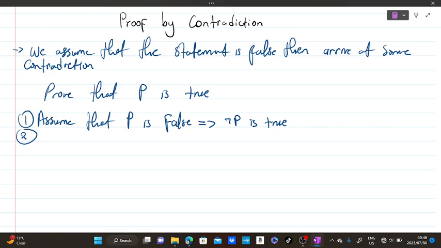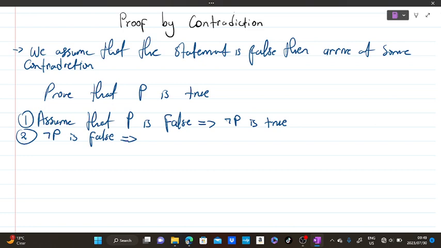It means that we'll see that our assumption is false, and our assumption is not P. Not P, we'll see that is false. If we say that not P is false, this means that P is true.